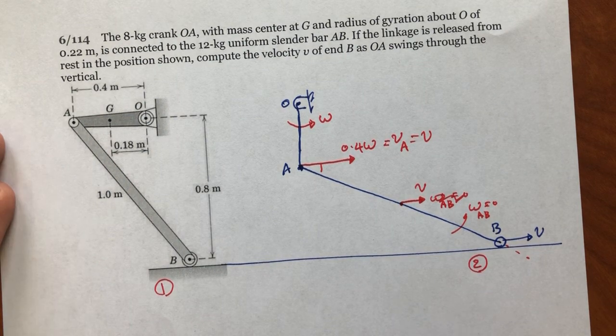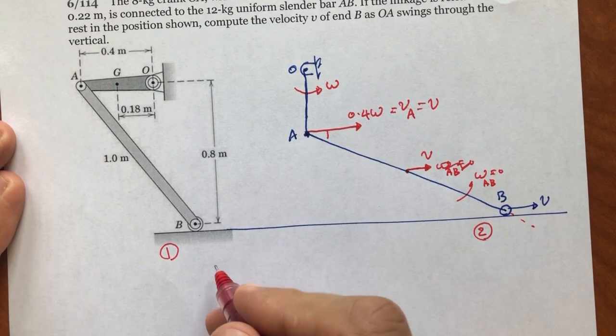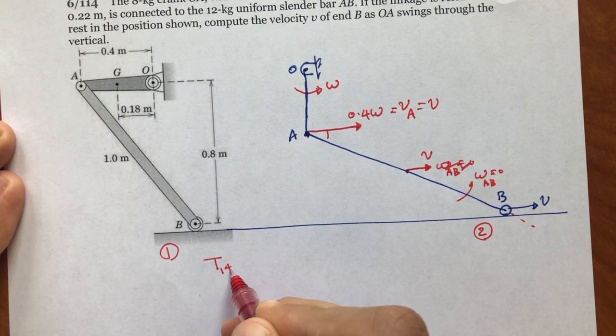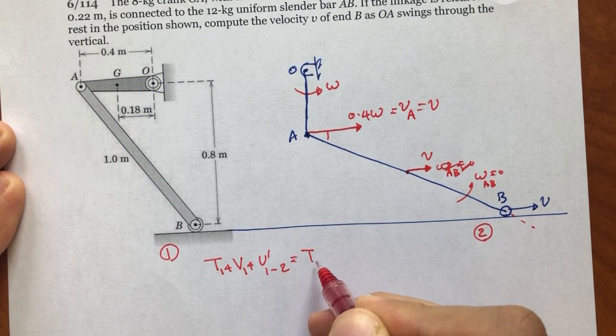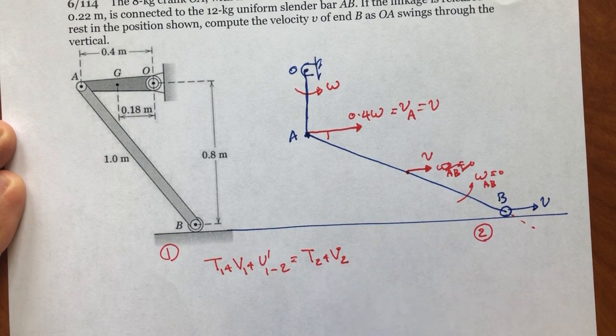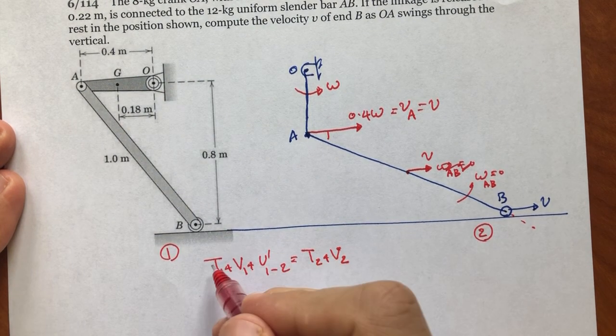That's an important point. Now, going to the work energy equation, T1 plus V1 plus U prime from 1 to 2 is equal to T2 plus V2. T1 is 0.